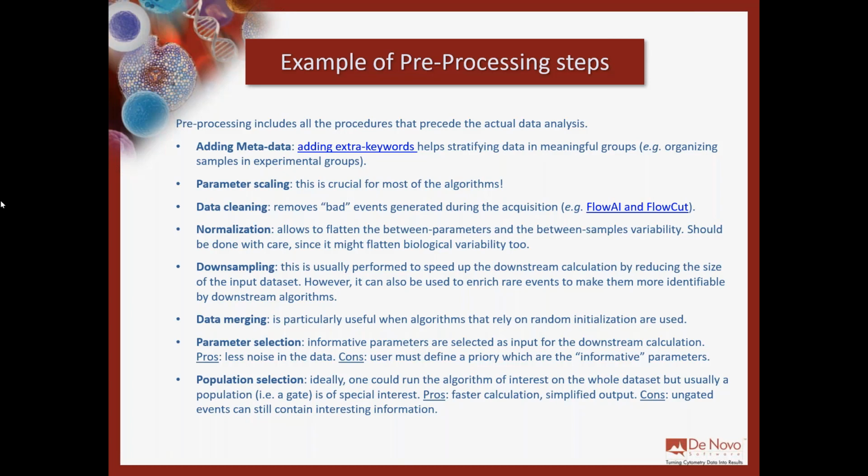Last but not least, parameter selection and population selection. Those are not specific to pre-processing, because also in the last part of the high-dimensional data analysis workflow, so in the algorithm part, you will have to decide which parameters and which population to use as input data. So the question is, which parameter should I scale? Which parameter should I include in tSNE? Which population should I run my pipeline on? Lymphocytes, CD3, CD4, all cells.